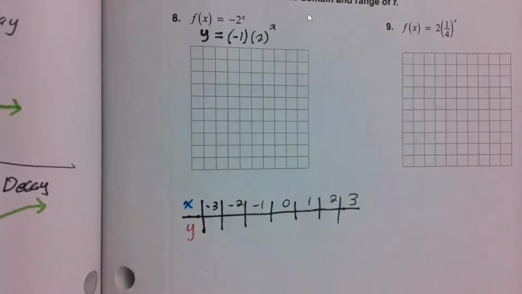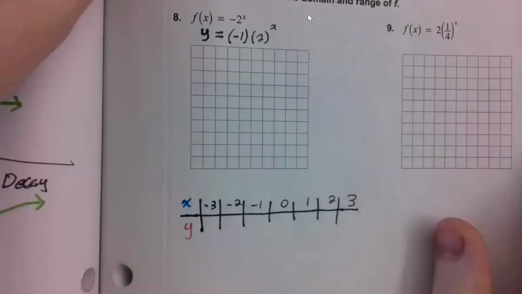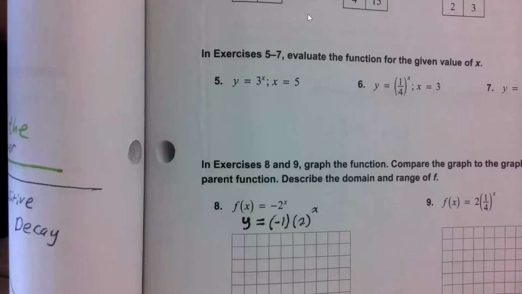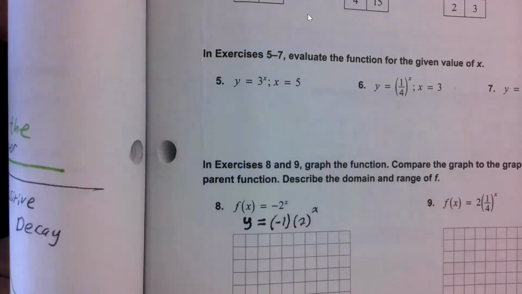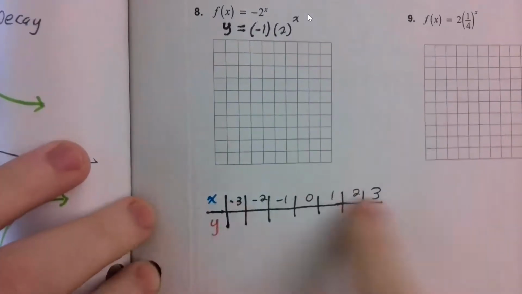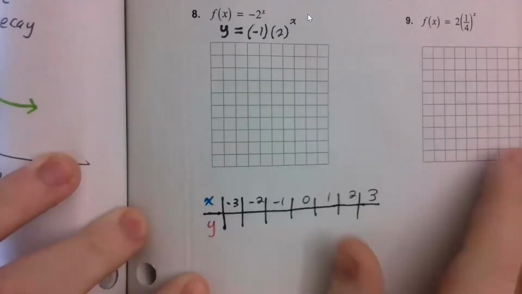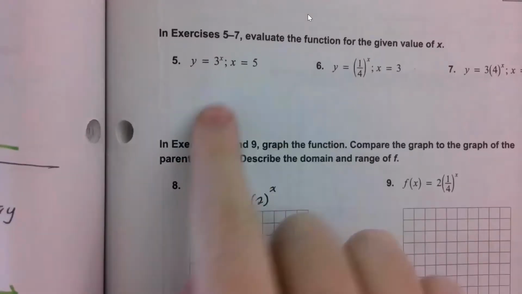Before we jump into this, I think it might be very useful to take a look at problem number 5. Problem number 5 tells us that y equals 3 to the x power and x equals 5. Sort of like the situation we've got going on down here. We know what our x values are going to be because we just decided on a couple of them. Here, they're telling us what our x value is.